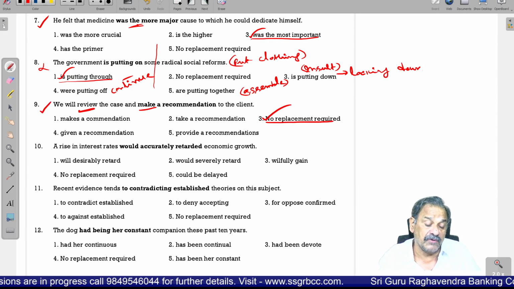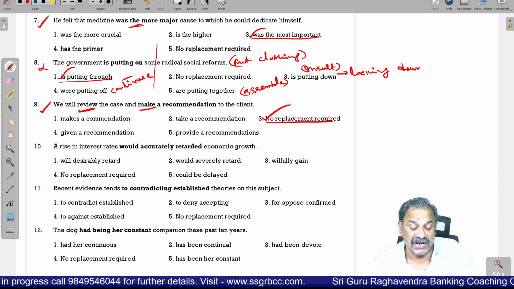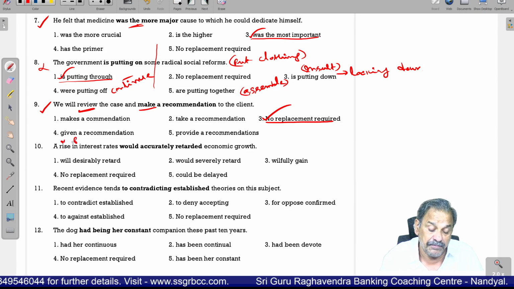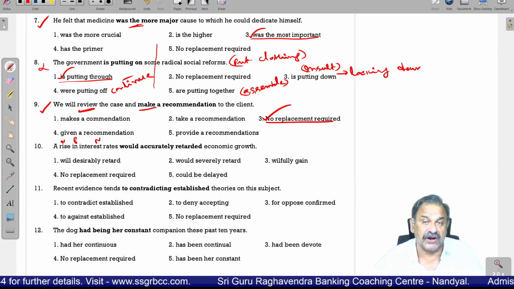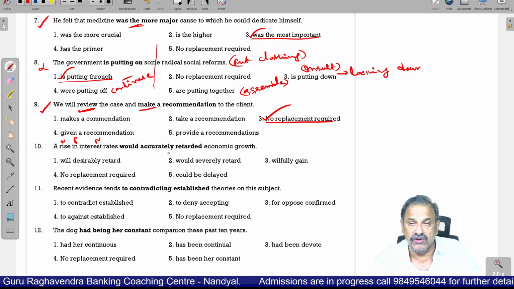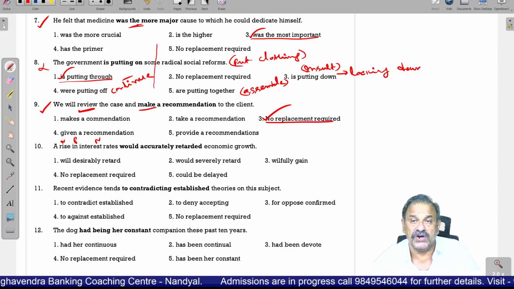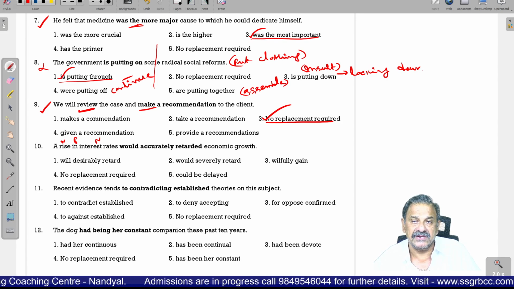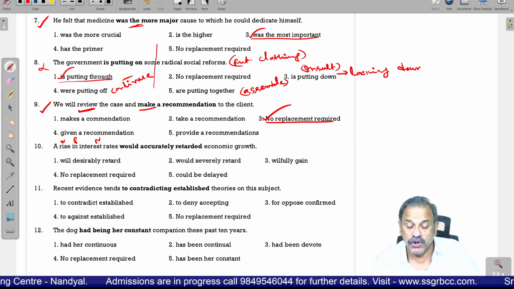This also is very easy. A rise in interest rates. This is N. Where NPN concept comes, verb depends on the first word. So a rise in interest rates would accurately retarded. After will, would, shall, should, can, could, may, might, do, did, does, need, ought, must, dare, ought to, we have to use first form of the verb.